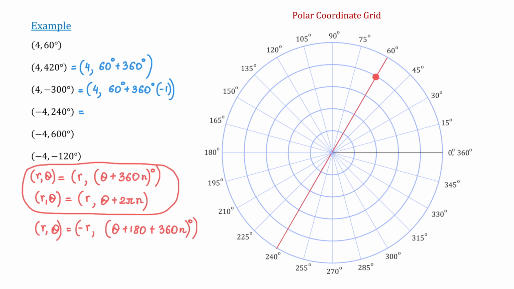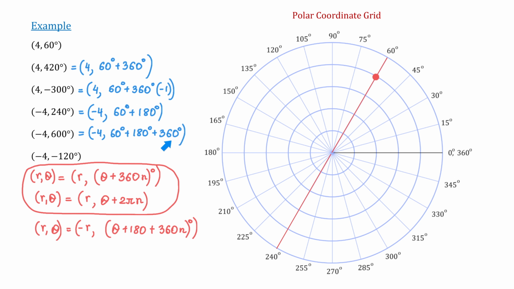So here we have negative 4, and 240 degrees is 60 degrees plus another 180 degrees. In the next example, again r changes to negative 4, and then 600 degrees is 60 degrees plus 180 degrees and plus one full revolution of 360 degrees.